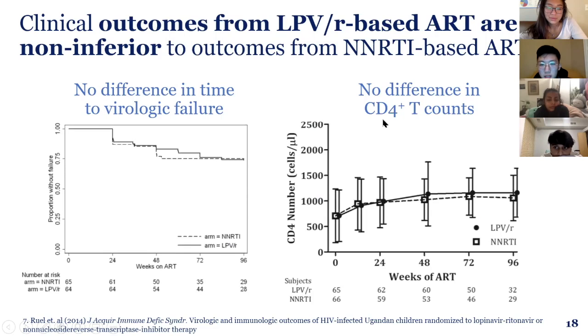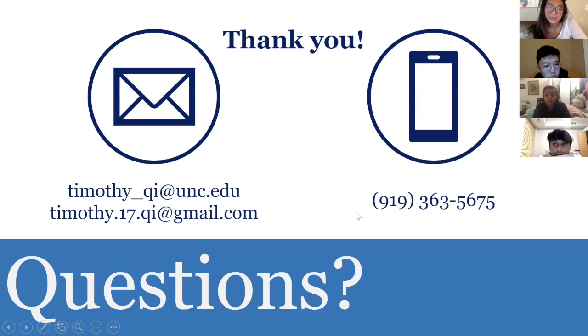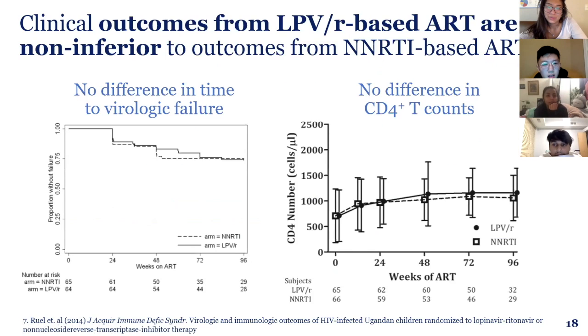And there's no difference in CD4-positive T cell counts, which are the primary victims of progressive HIV, as shown here between these two traces. So we've shown essentially that LPVR protects against malaria and it doesn't suck at protecting against HIV.